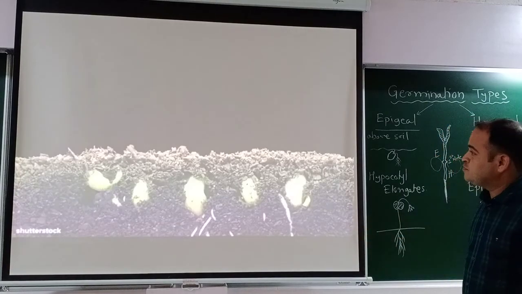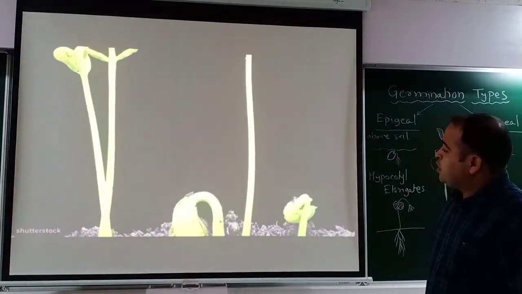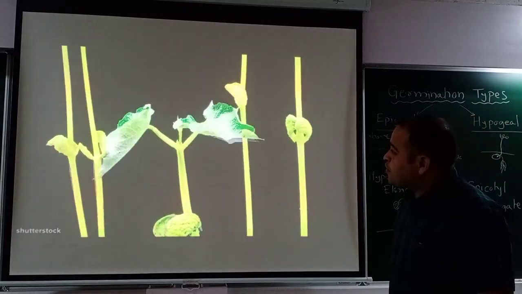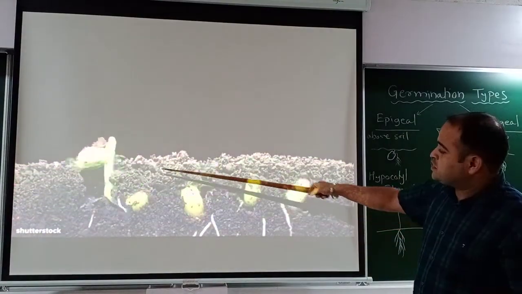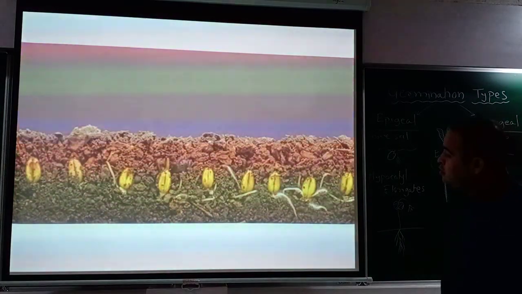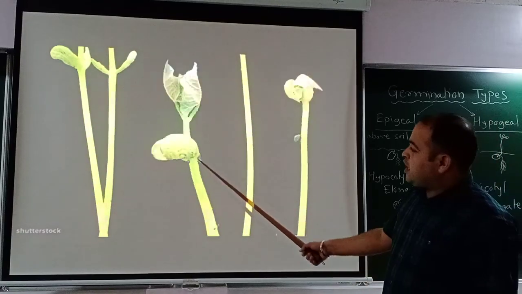It is shrunken. Let us go back first. So this is radicle moving. This is plumule growing. This particular one was epigeal.